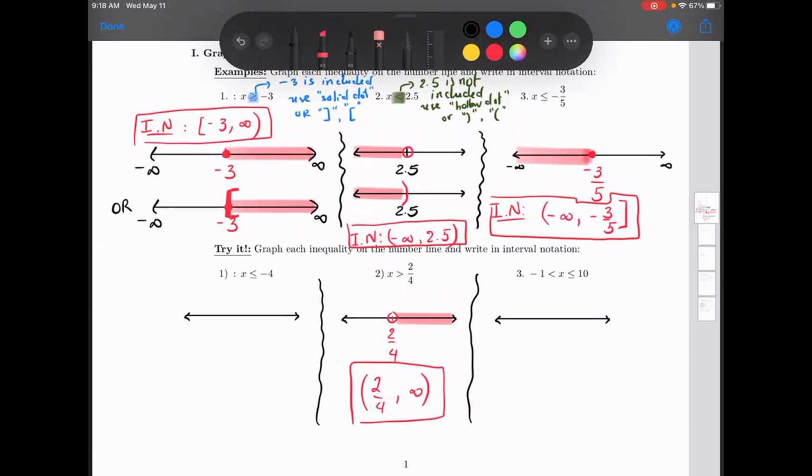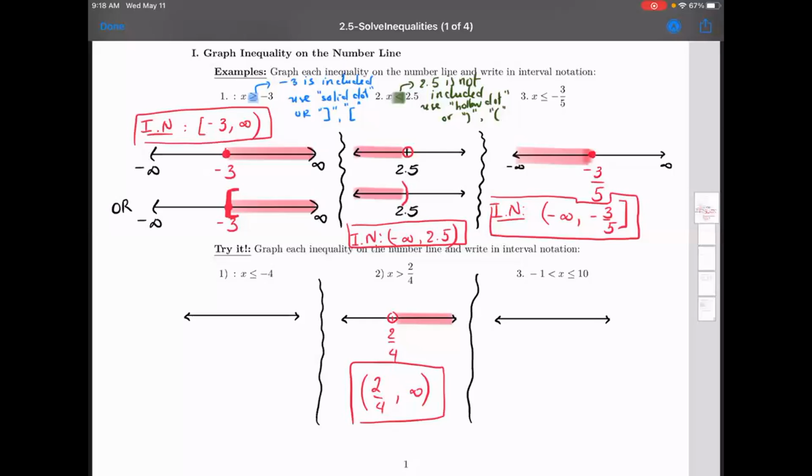People from the chat, if you can put your answer for number 1 and number 3 in interval notation and send it to me, it'd be great, so I can see you.